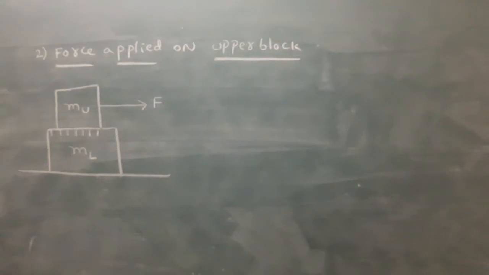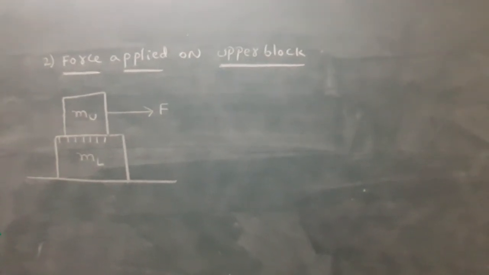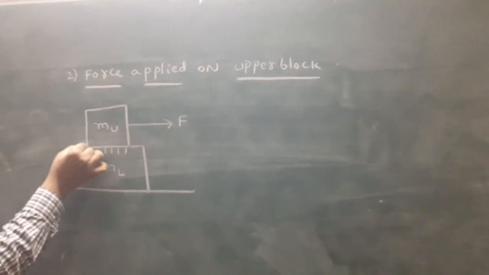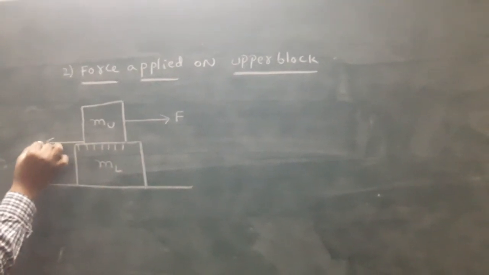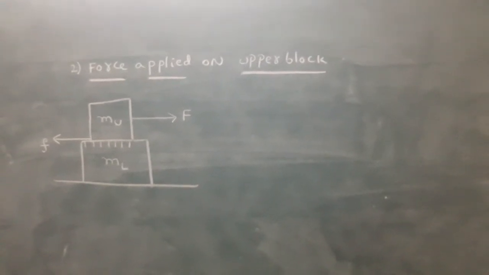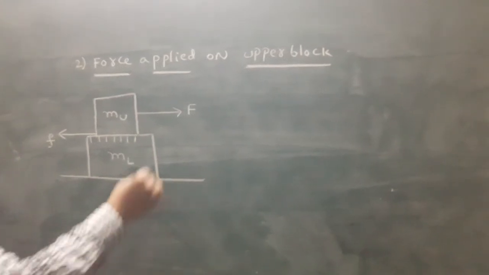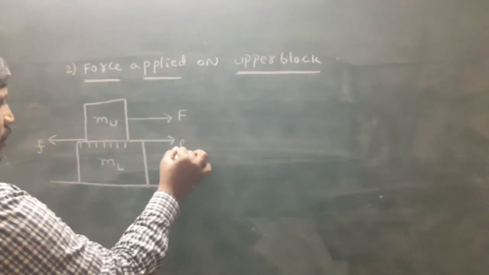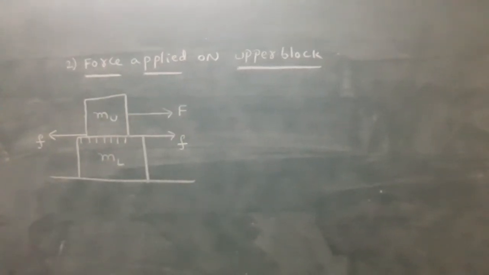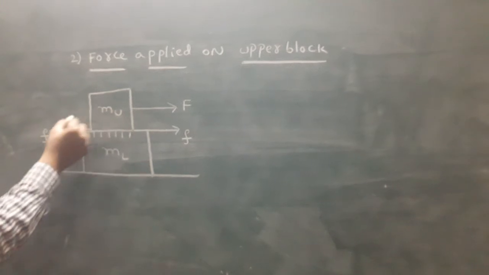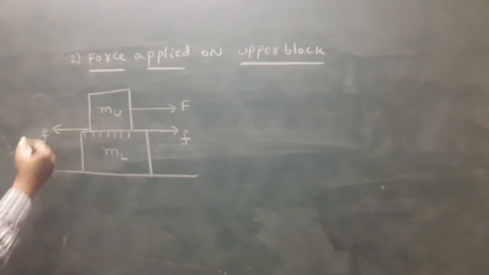This is the question. Here, the force is applied in this direction, and friction acts in this direction. Friction is a pseudo force. On one body there is an action, on the other body there is an opposite reaction. On this block, friction acts backward.